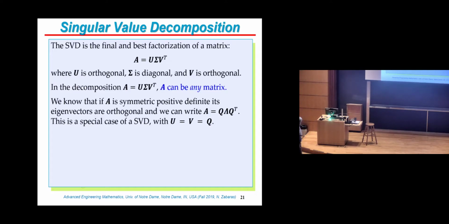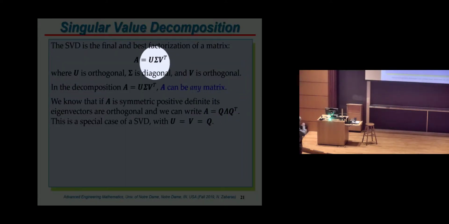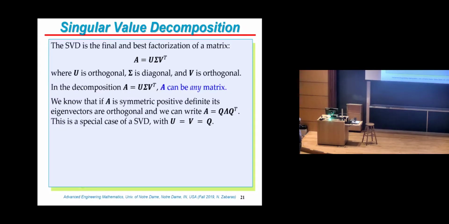So you will see why I'm insisting on bringing this concept of symmetric positive definite matrix, because in defining those diagonal elements in sigma, they have to be positive numbers. They will be the lengths of some vectors, so they have to be positive numbers. So really, we're looking for positive definite matrices in this case.